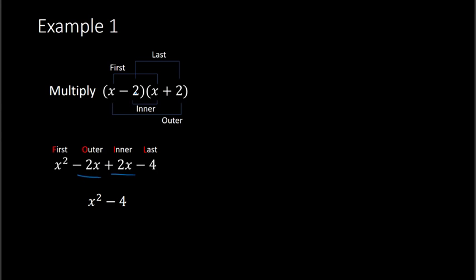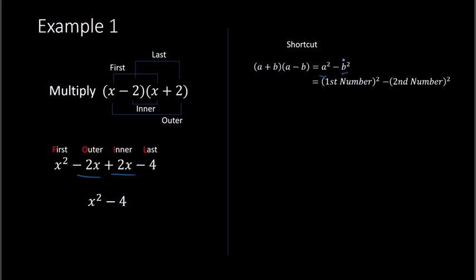So when one is plus and one is minus, the two middle terms will cancel. So the shortcut for a question like this, when one is plus, one is minus, is I simply take the first number squared and subtract the second number squared. So the first number squared minus the second number squared.